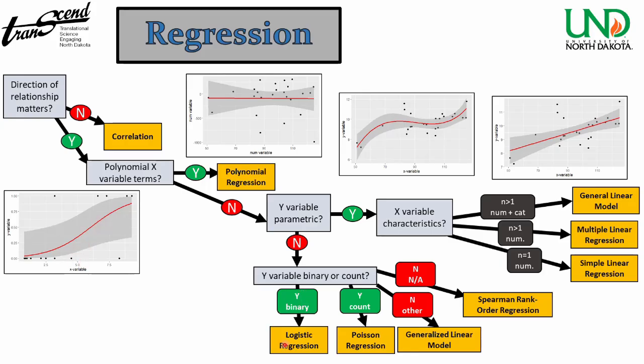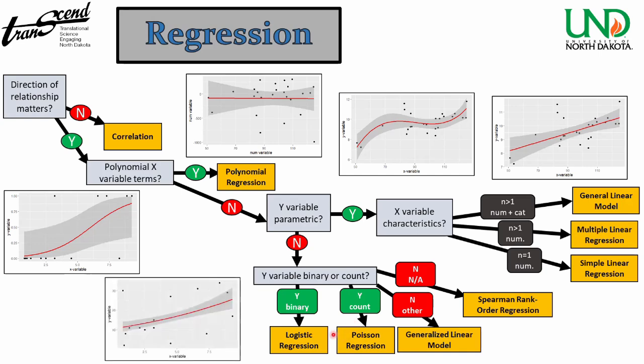Okay, so that's logistic regression, pretty common. So common that we have a specific term for it. Now, if it's a count variable, so it's 0, 1, 2, 3, 4, etc., numerical integers, we can call that Poisson regression. And again, when plotted, this will have a slight curve. It's different from polynomial regression, but it'll have a slight curve because it's count data.